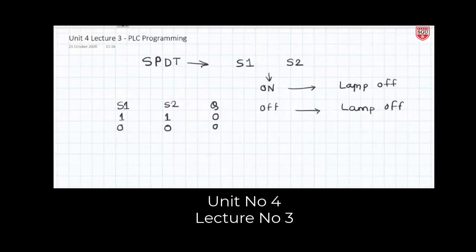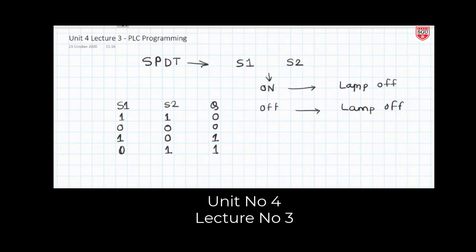If S1 is on and S2 is off, then output is on, or S1 is off and S2 is on, then output is on. This is one type of logic gate. Which logic gate this is, I will ask you later.